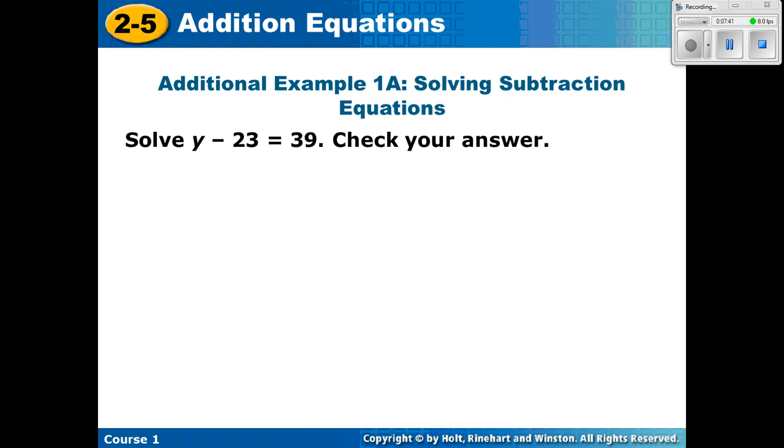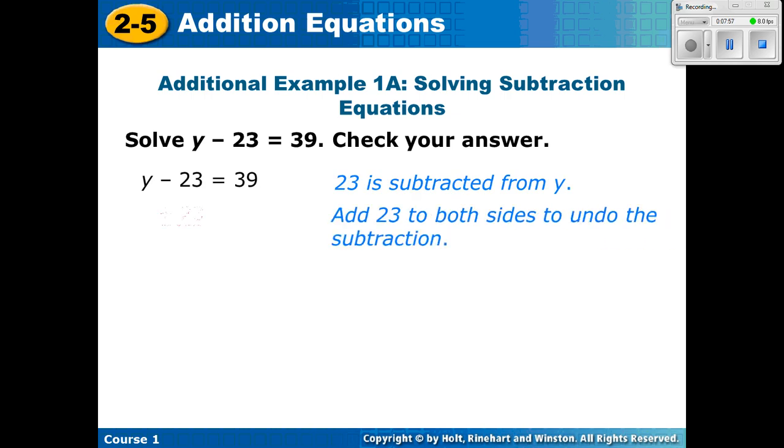So the first thing you need to look at is, what type of equation is this? This is a subtraction equation. So therefore, you need to use addition to undo this problem. So now we're going to add 23 to both sides. So we have a negative 23, and then we're adding 23, and that's going to cancel each other out.